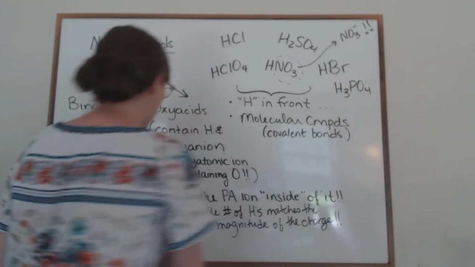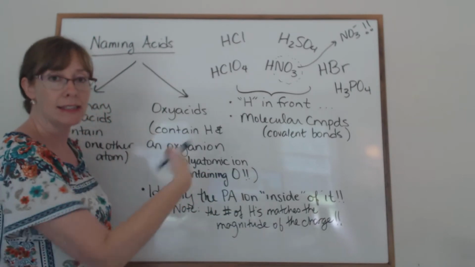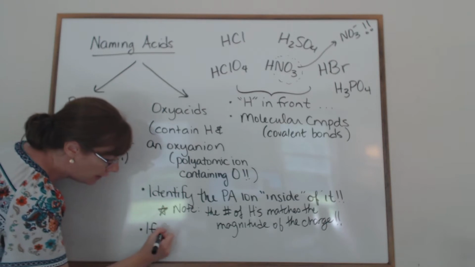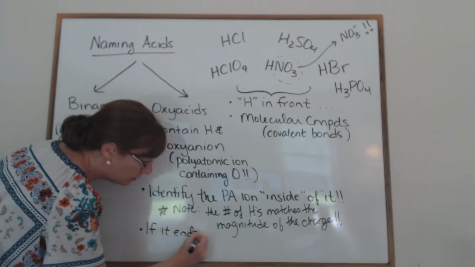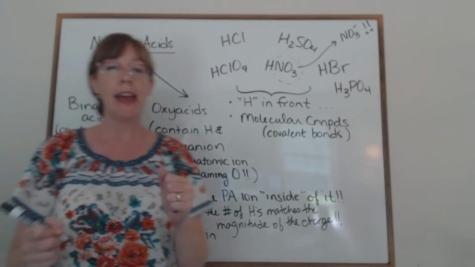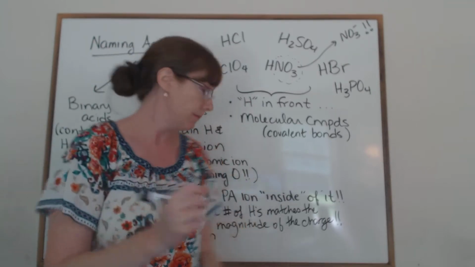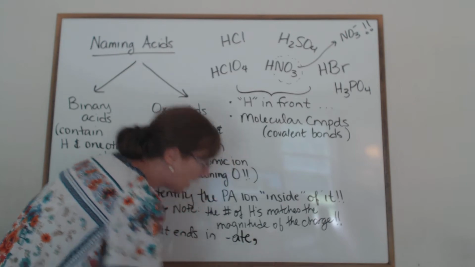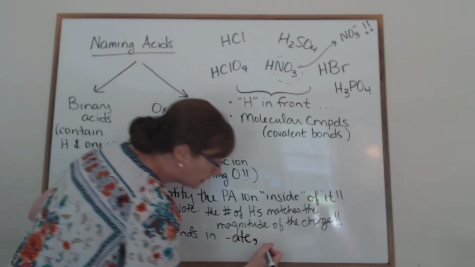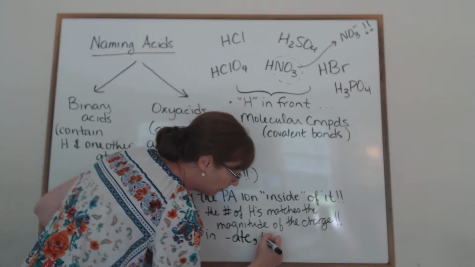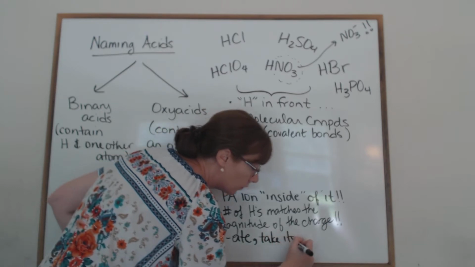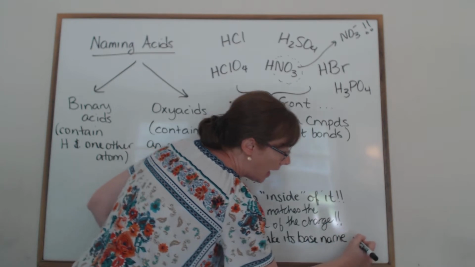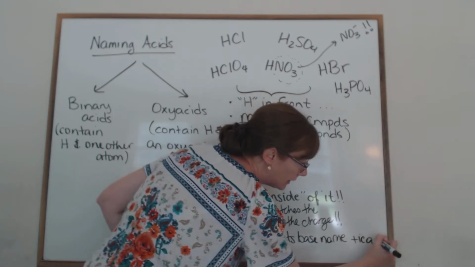So first of all, identify the polyatomic ion that's inside of the oxyacid, and then just apply this rule. It's either going to end in ate or ite. If it ends in ate, then you're just going to take the base name of the polyatomic ion and add ic acid.